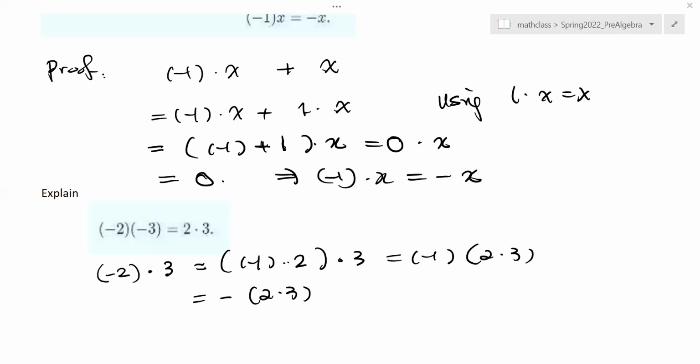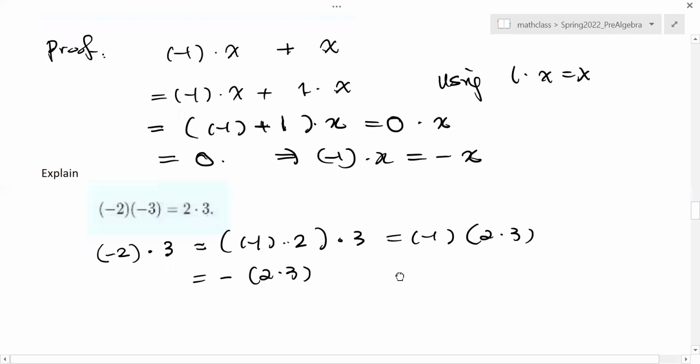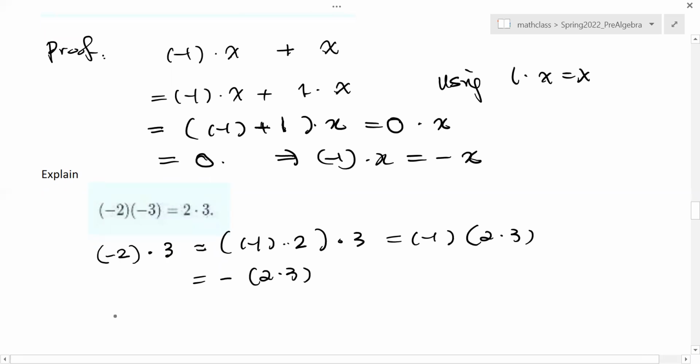Then the second step is, -2 times -3 is going to be negative, as we said. You can always repeatedly do the same thing. You can replace 3 by -3, it's the same idea, because it's just numbers. This number never plays any role.